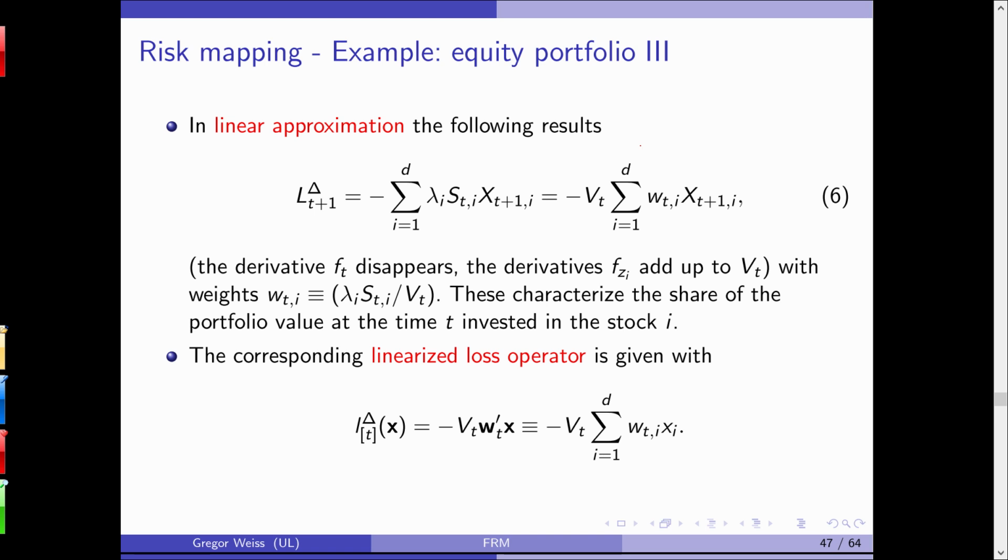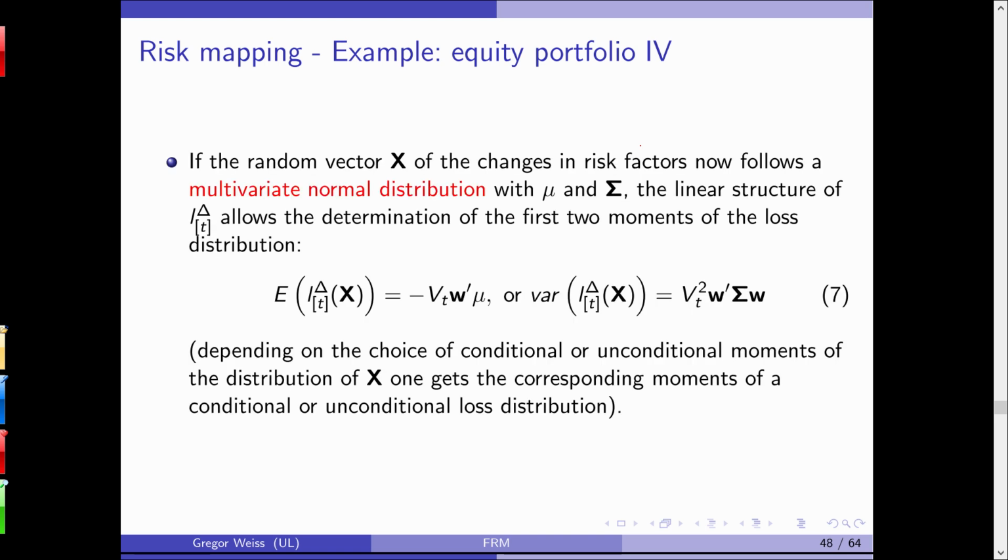The partial derivative with respect to time vanishes, and the derivatives of f with respect to the risk factors add up to V_t, and you have a weight w_t equal to lambda i times s divided by V_t. And you can see that the loss, the linearized loss, is given by minus V_t times the weighted sum of the log returns. Still makes sense? And the corresponding linearized loss operator is given below, also quite the same.